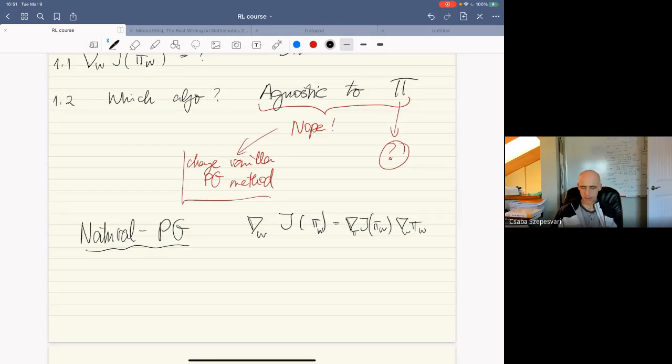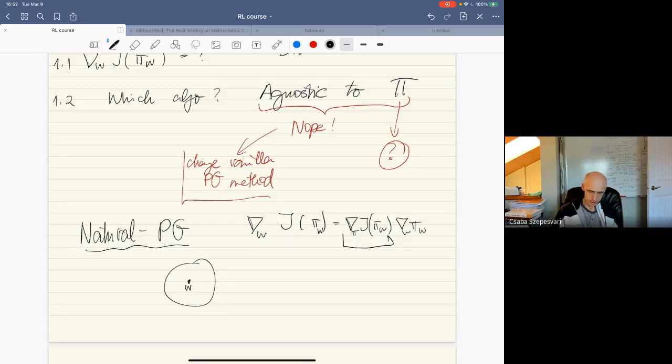And then you're going to follow this derivative. But if you make steps in this direction, it's generally not necessarily the same as just taking steps in this direction.